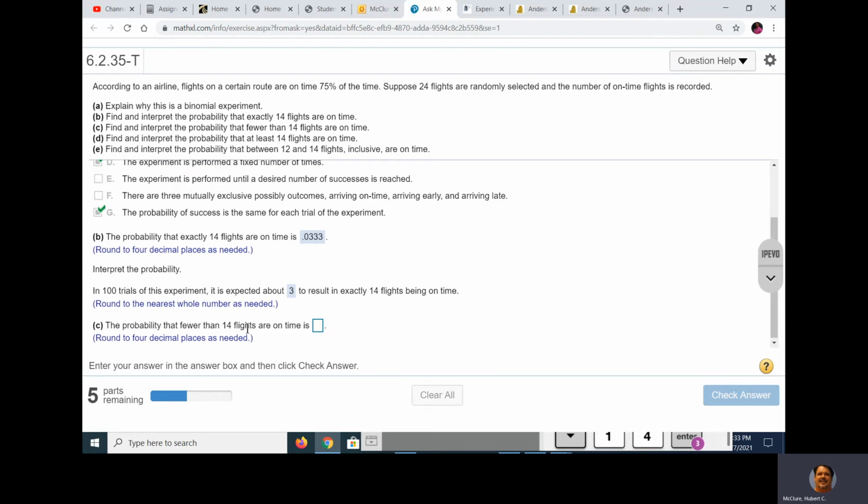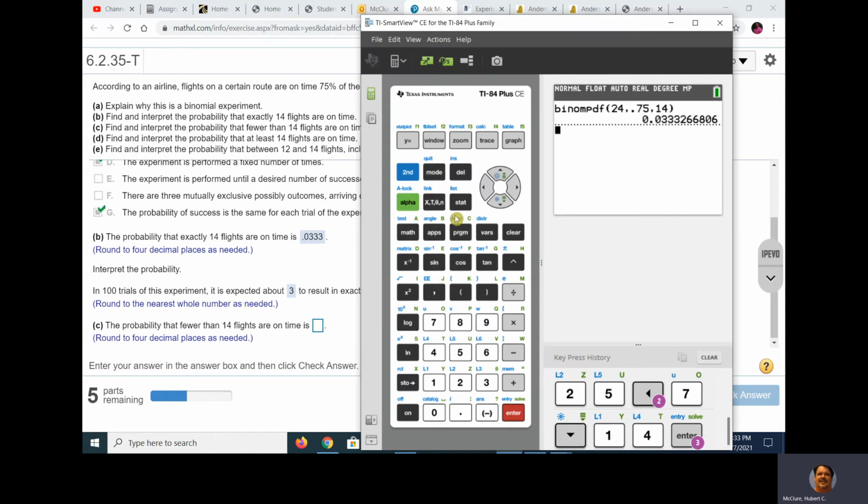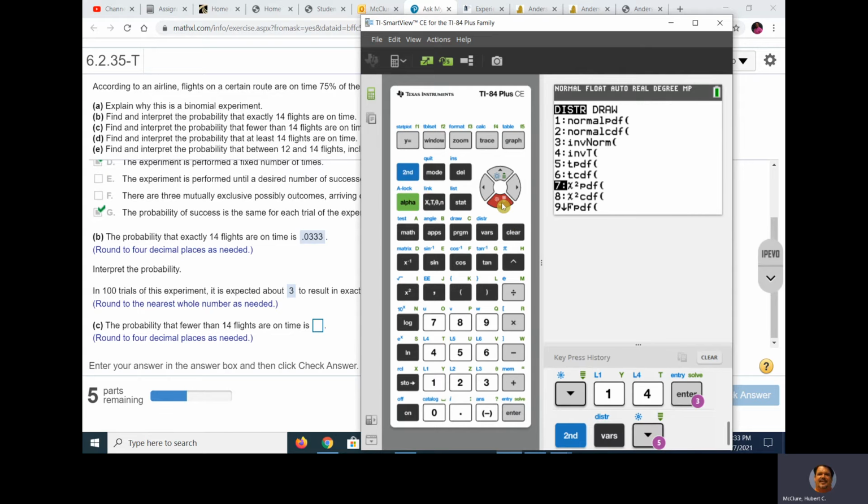So that means cumulative up to 13. It doesn't say equal to, it says fewer than. So we're going to use our cumulative function, second vars cumulative, which is B, and it starts at 0 and it ends at 13.